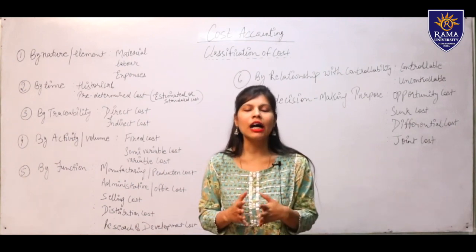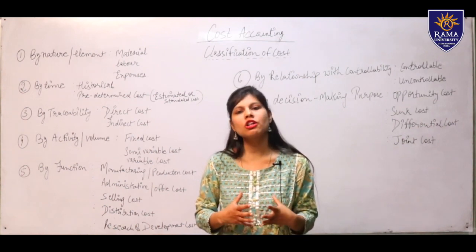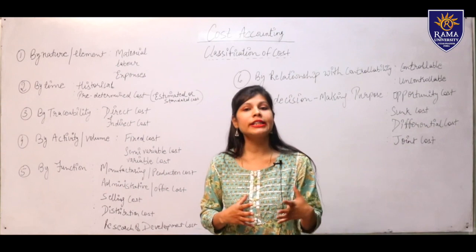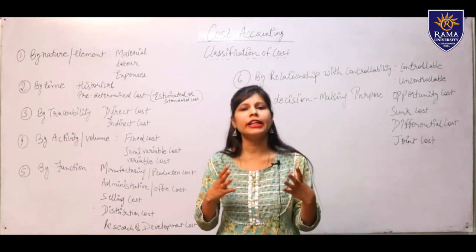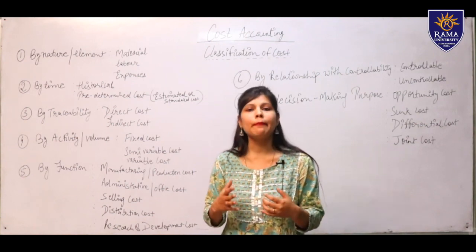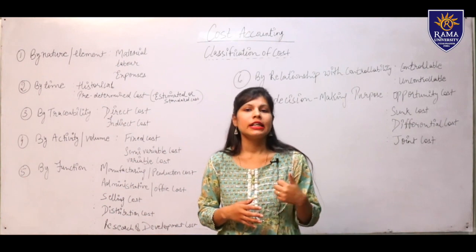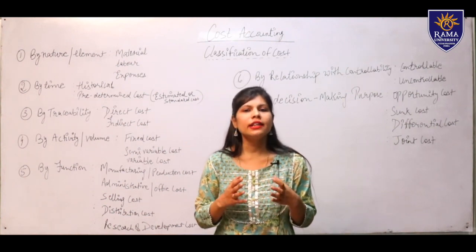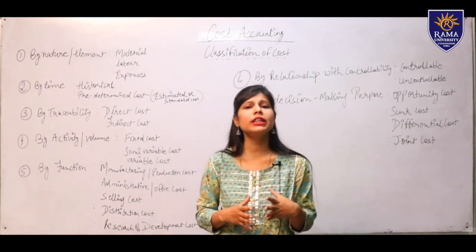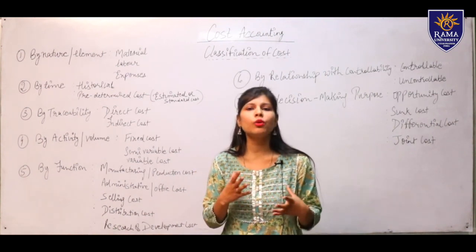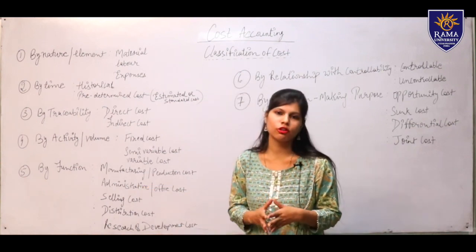For example, if we are conducting any FDPs, the salary of the office manager, director's remuneration, these are all administrative costs. We can also include the legal charges. All the legal work is included in the administrative or office cost.